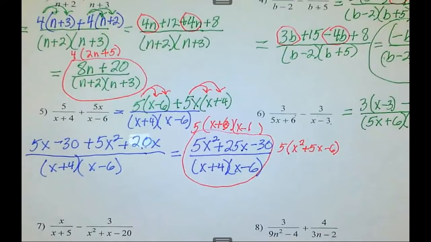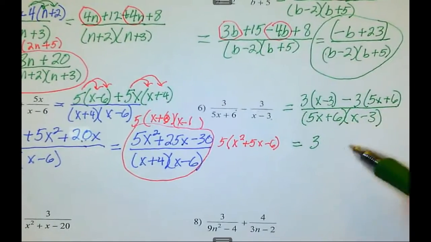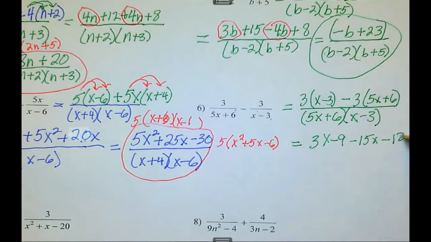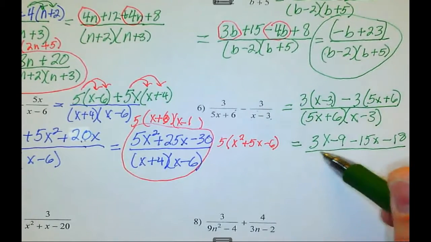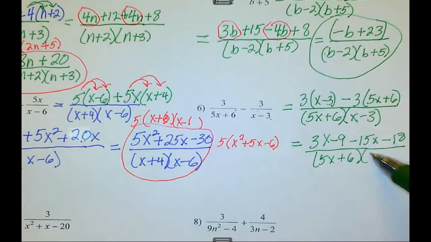Distribute, combine like terms. So I get 3x minus 9 minus 15x minus 18 all over 5x plus 6, x minus 3.